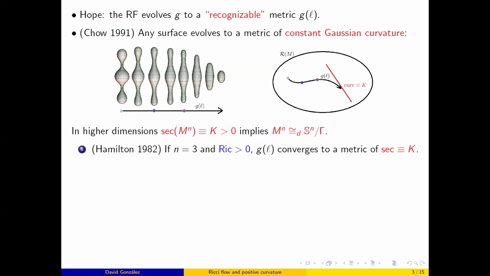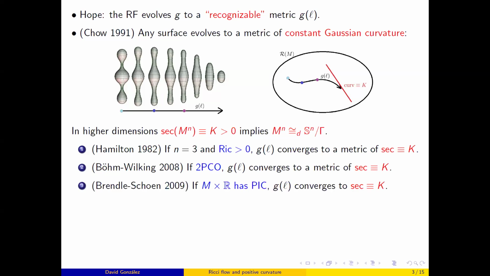A theorem in this spirit was then given by Böhm and Wilking, and they proved that if you have this curvature condition called two-positive curvature operator, so the sum of the two smallest eigenvalues of the curvature operator is positive, then the metric also converges to constant curvature. So the manifold again must be diffeomorphic to a sphere or a spherical space form.